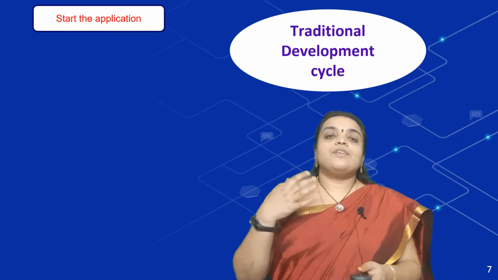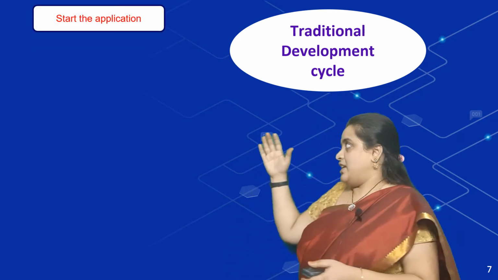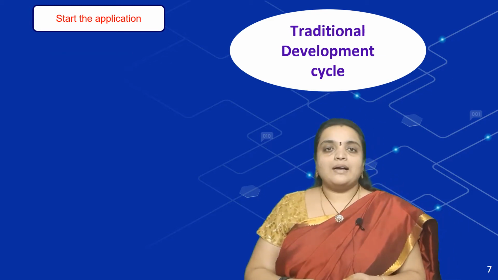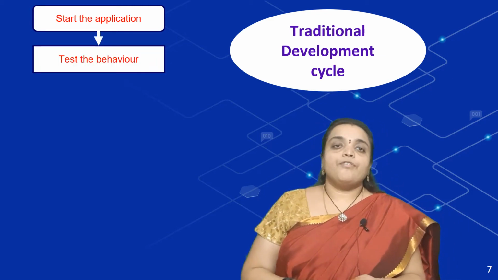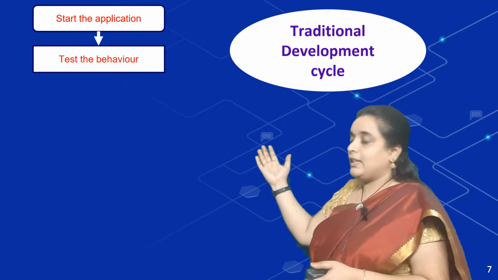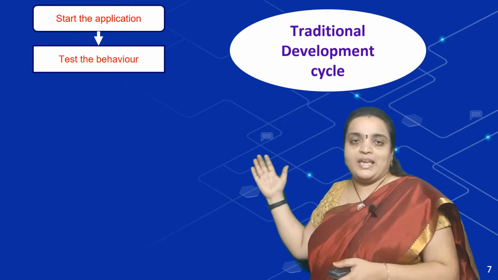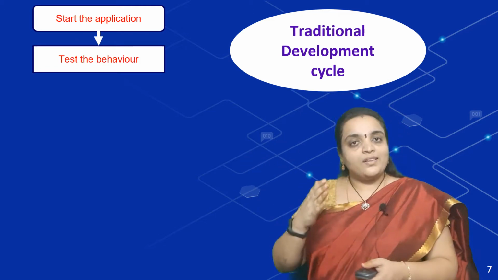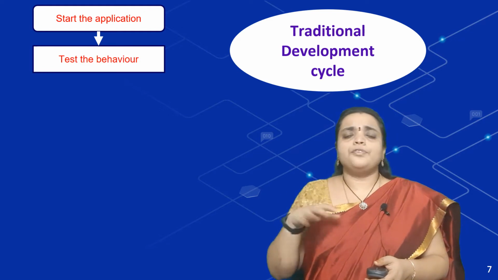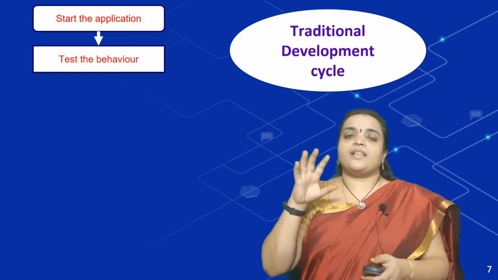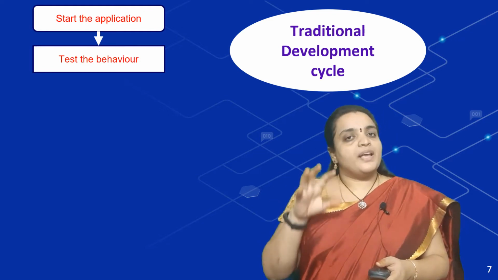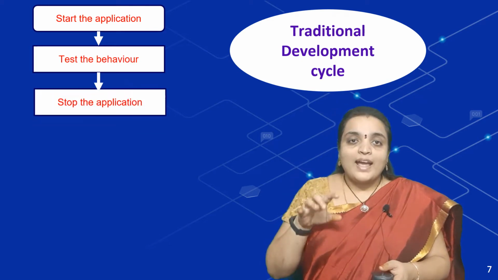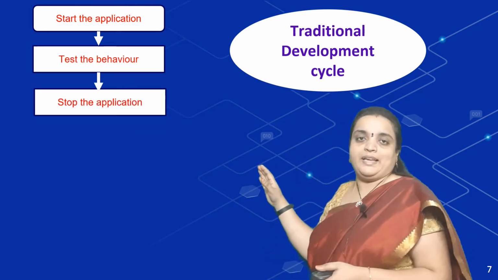Let us see. It will start the application initially. After starting the application, it tests the behavior of the application, whether there are errors. If there are no errors, it will display the output. If there are errors, it will stop the application.